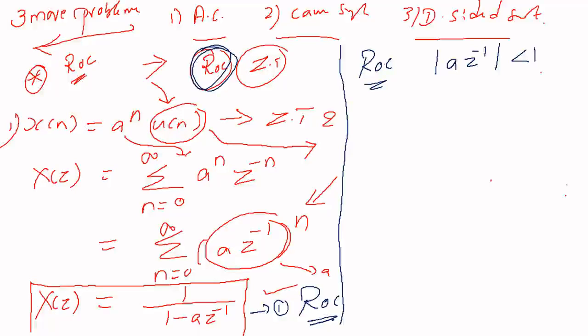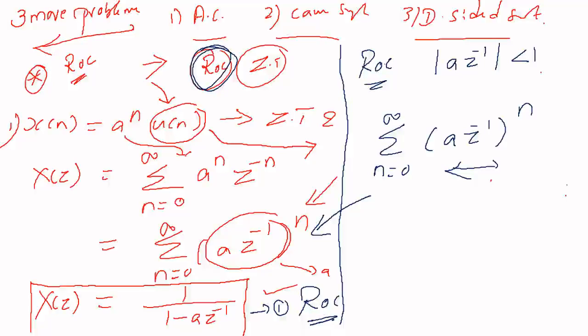How is this the region of convergence? Look at this equation carefully. What happens if a z inverse is greater than 1? So that we can have clarity. This particular part, (a z inverse) power n, if this is greater than 1, what will happen?